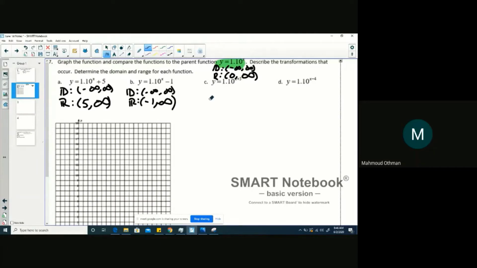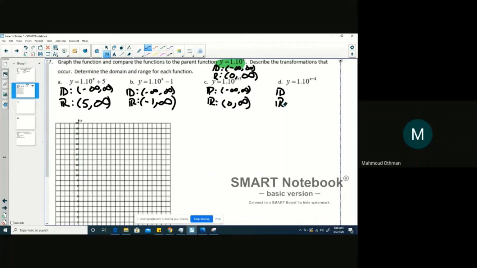So I can tell you the domain and range. For the domain, it's all real numbers, like it is for all exponential functions. Shifting to the left or right does not change the range whatsoever. So it tries to go to 0 but doesn't get there, and it also tries to go to infinity.